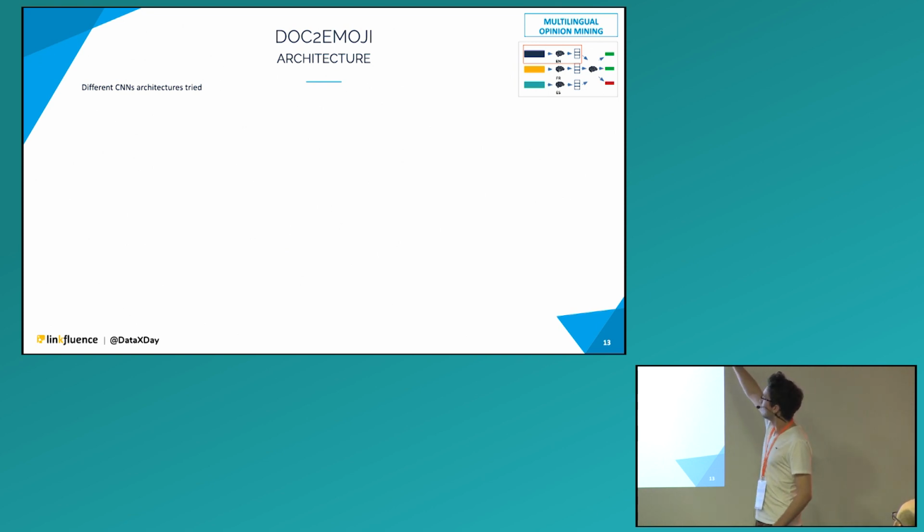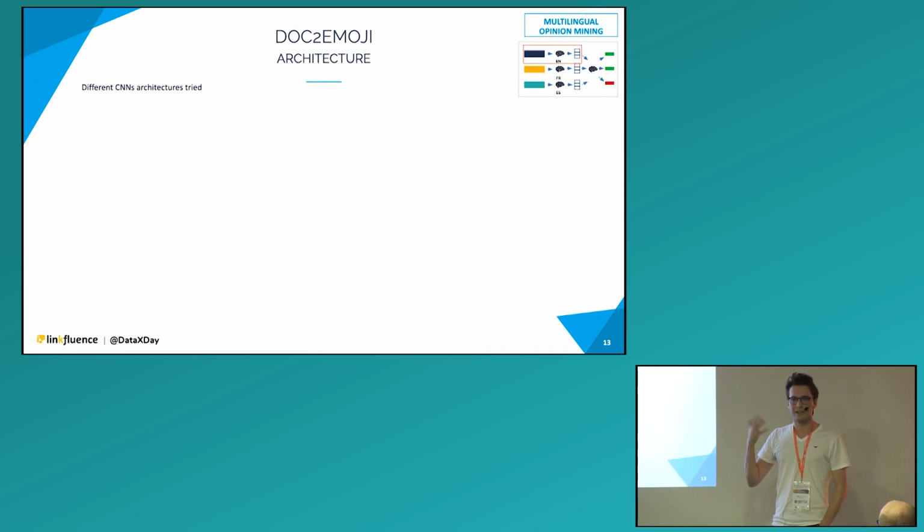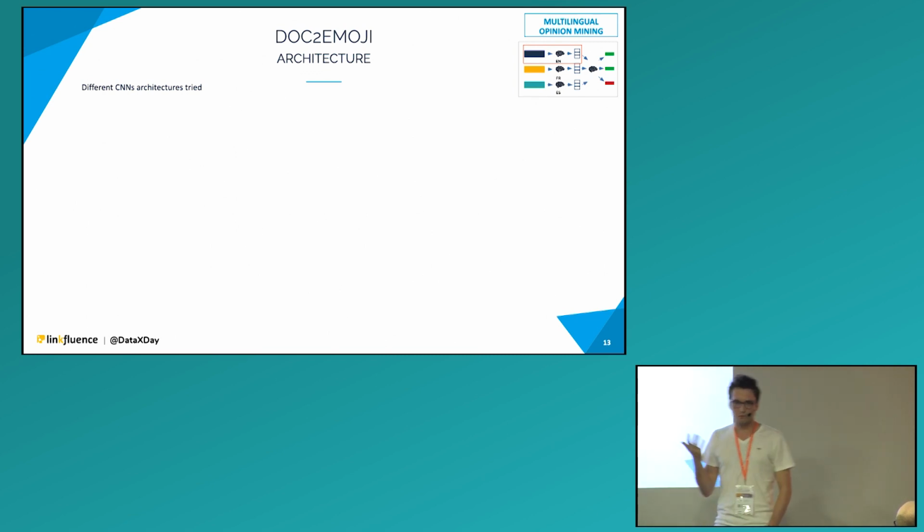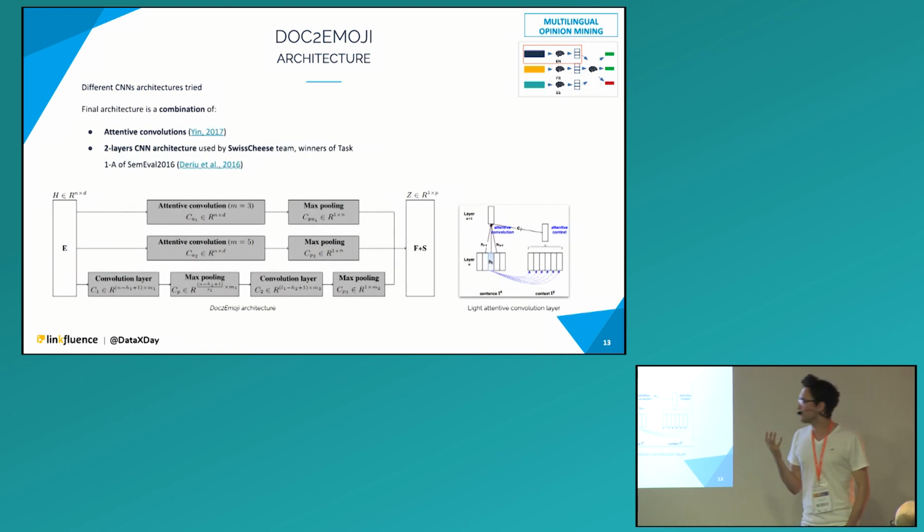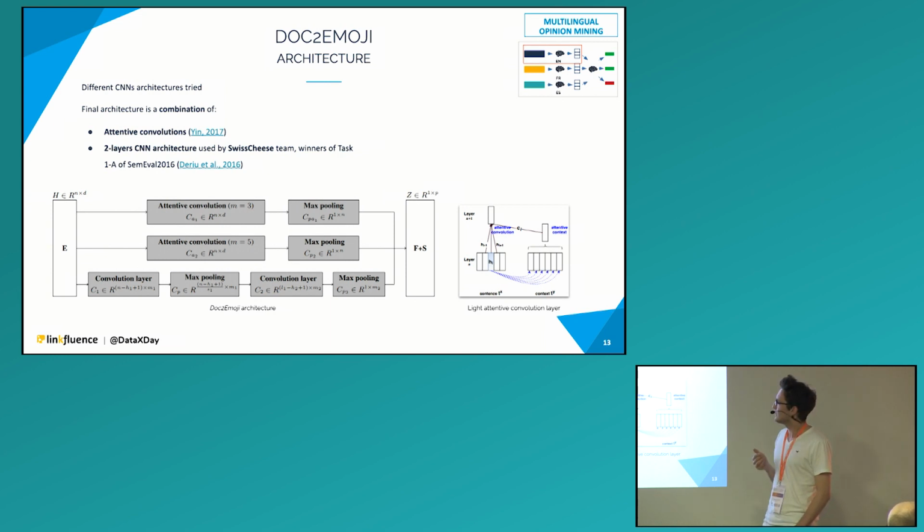So first, we needed to find a new architecture for the model, as the LSTM with attention was not an option. We explored the different CNN architectures, and we found a new architecture which is actually a combination of attentive convolutions and the two-layer CNN architecture that was used by the Swiss cheese team, winners of the Task 1A of Semeval 2016.